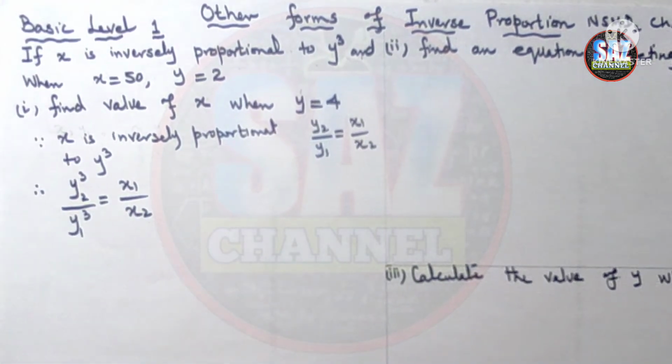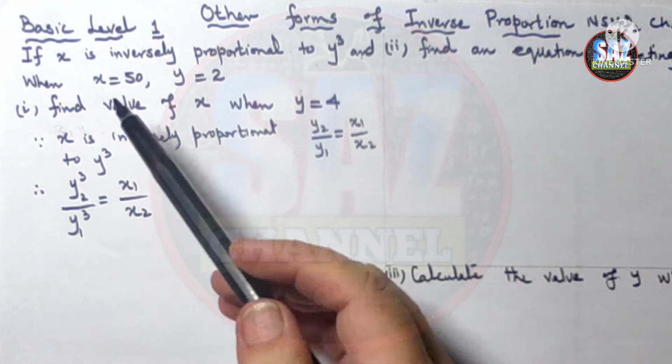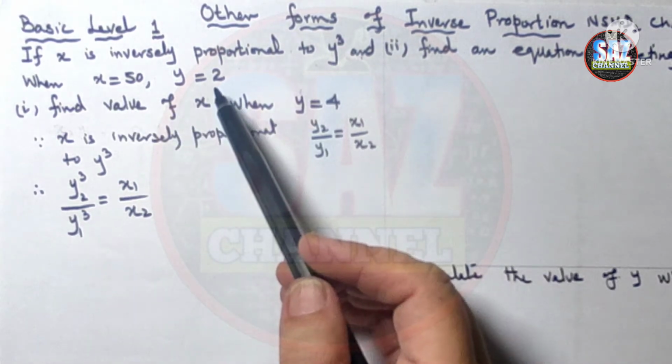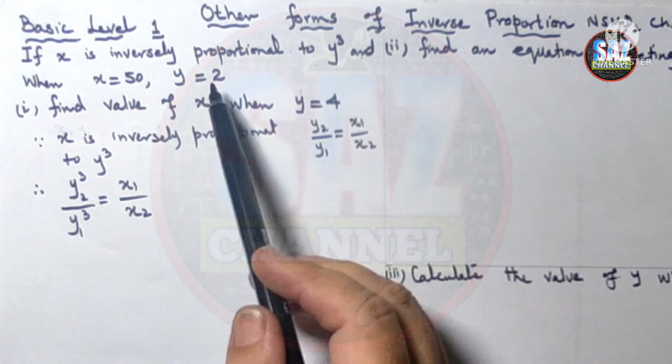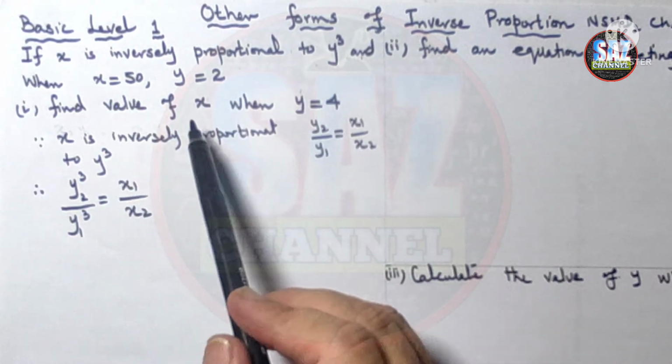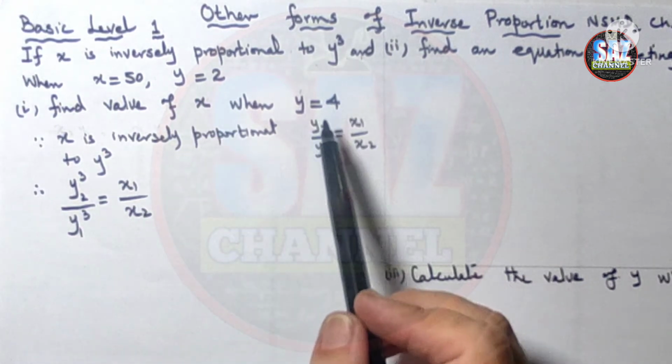Now look, how will you decide what is y2 and what is x2? For that purpose, you can see the information which is given in the beginning, that x is equal to 50 and y is equal to 2, this is your x1, y1, and we have to find the value of x when y is equal to 4.